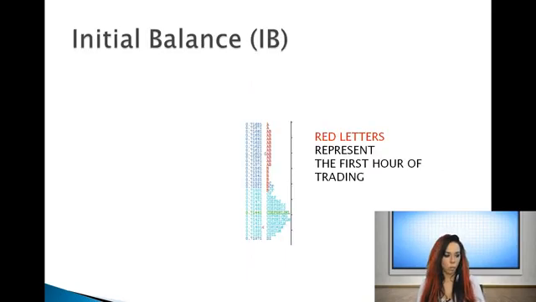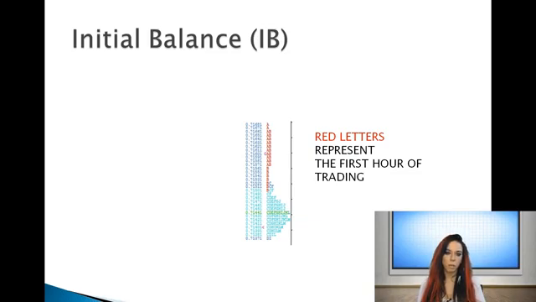Now, one very important thing to note is that first hour of trading, represented by letters A and B, is referred to as initial balance. And those letters on Blatek indicator are always marked in red.